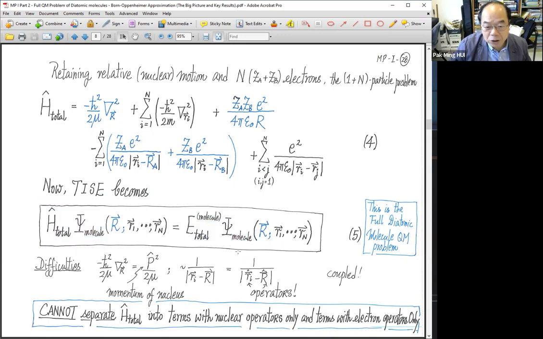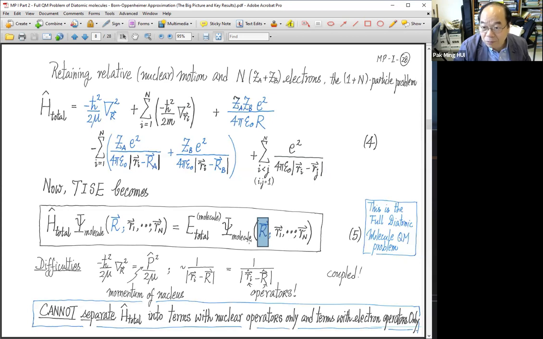However, it is educational to look into the details, the variables. The Hamiltonian has nuclear variables, the momentum here, and the coordinates. The separation is R, as well as the electronic part, the kinetic energies, and the positions of the electrons. Thereby, in general, the molecular total wave function is a function of both the nuclear coordinates.